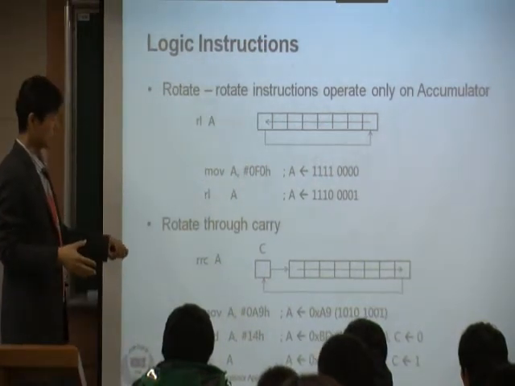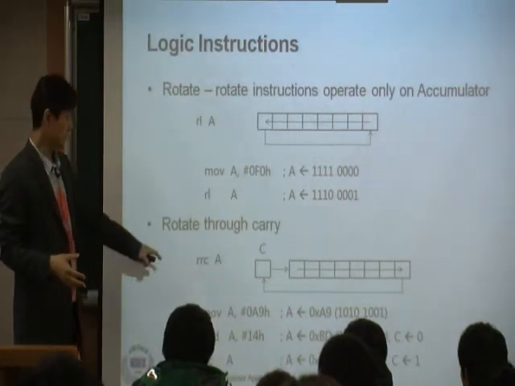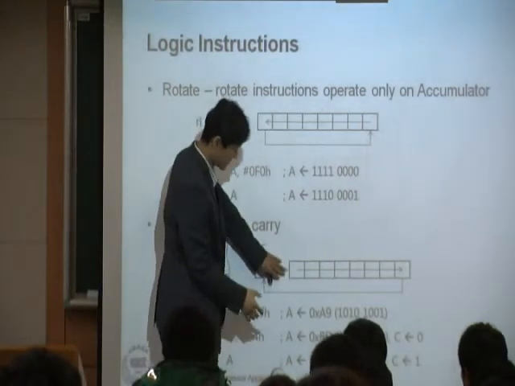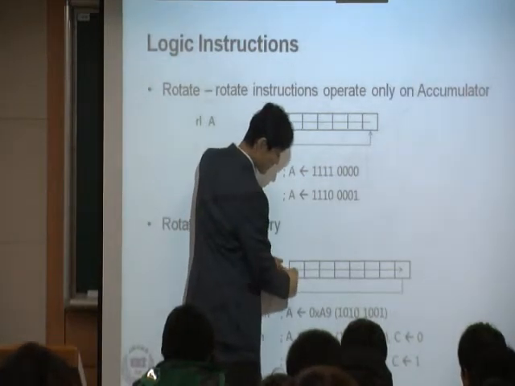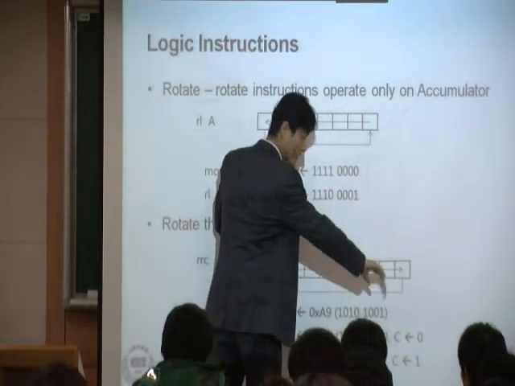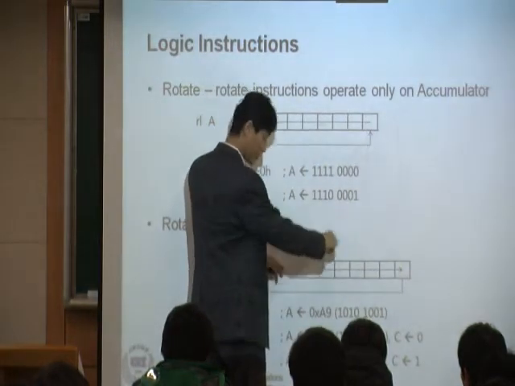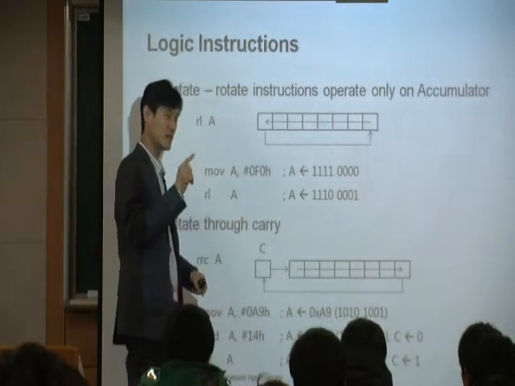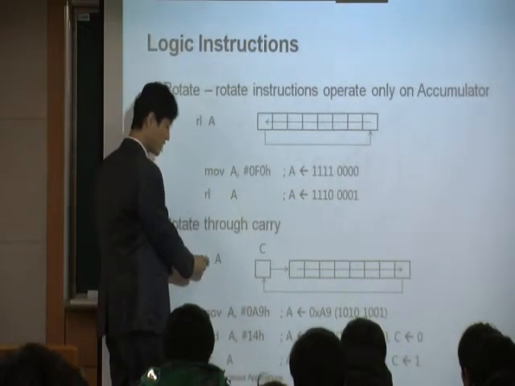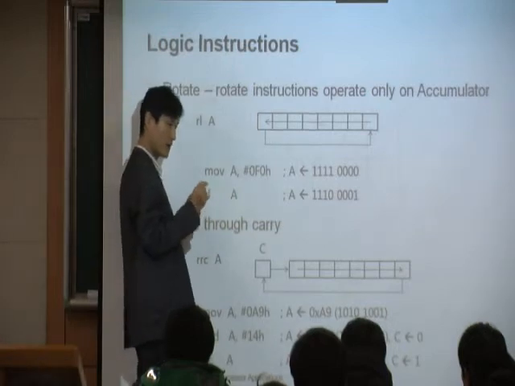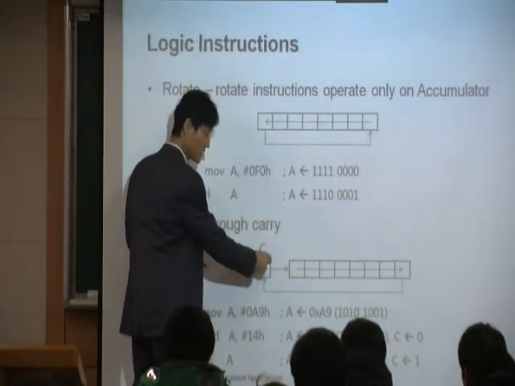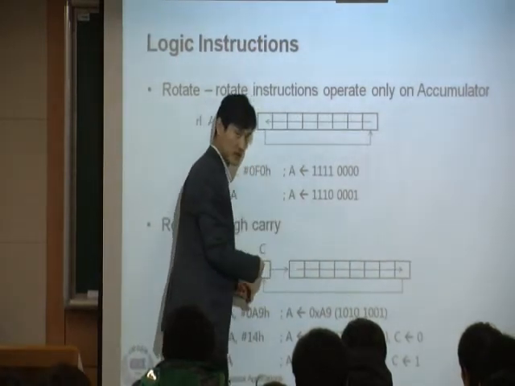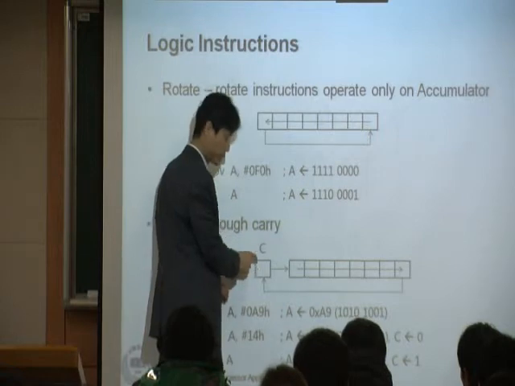And now let's look at RRC. C means carry. Here's a picture. If you have this one, all the bits move to the right, and the last bit goes all the way back and becomes the first bit. That's RR. When you have RRC, then we consider carry. The carry flag, you put it here, and this works as 9 bits, because we have the carry put here.